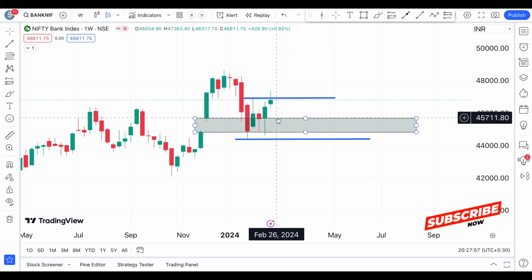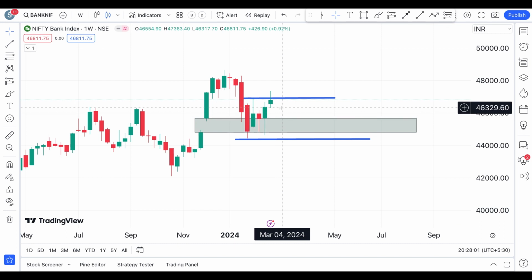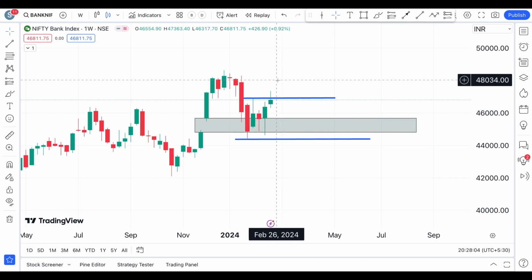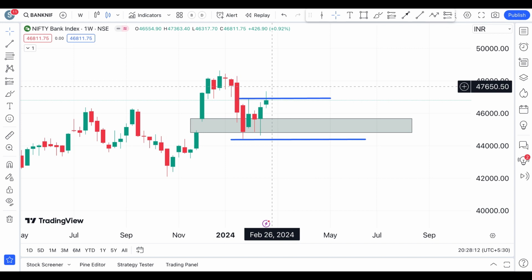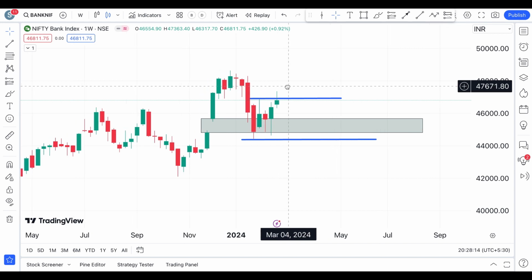You can expect some pullbacks to test this level again. That is possible. You cannot say that you're definitely going to see a green candle, but there are good chances after this level. Especially considering that Nifty is trading at an all-time high once again, Bank Nifty is.